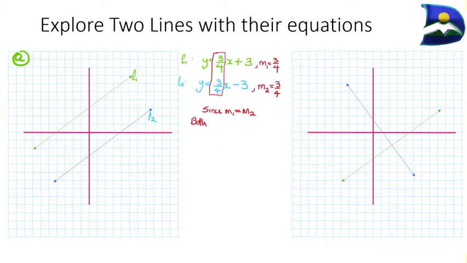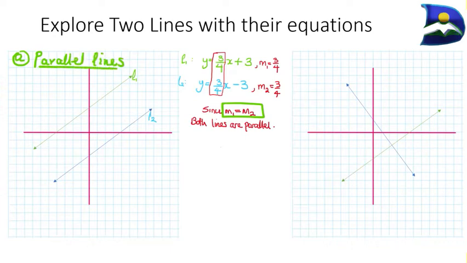They could be parallel and coincident or parallel and distinct, but we don't care about that for now. What we do care about is that the slopes must be the same for two lines to be parallel. This is the key note to remember.